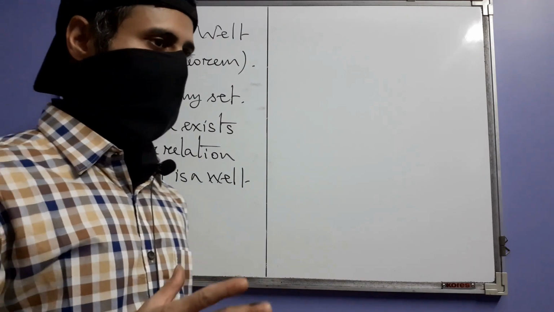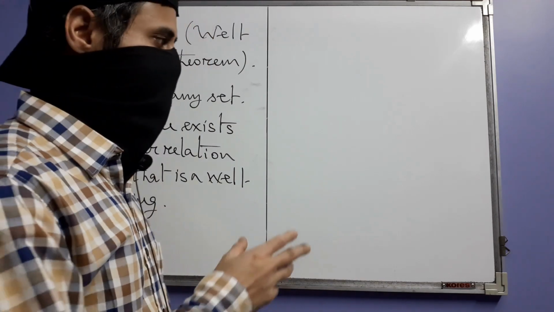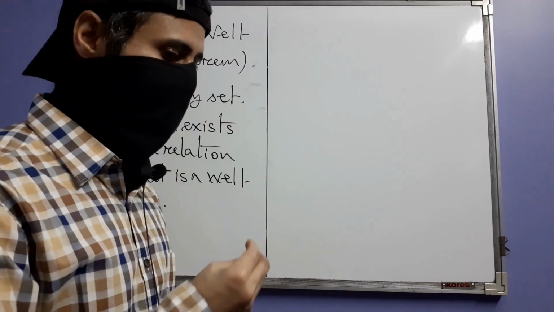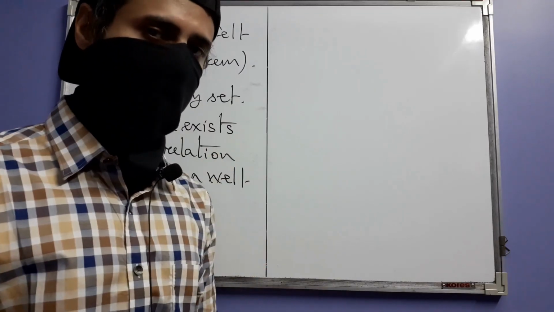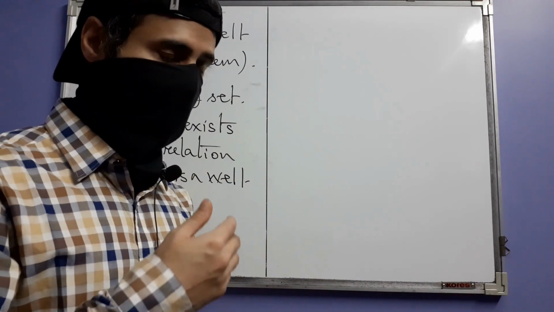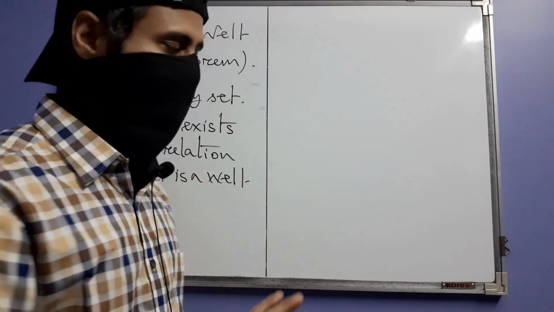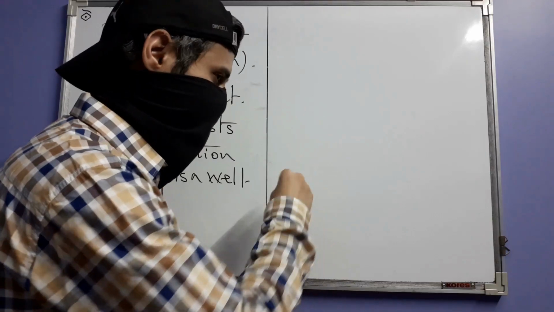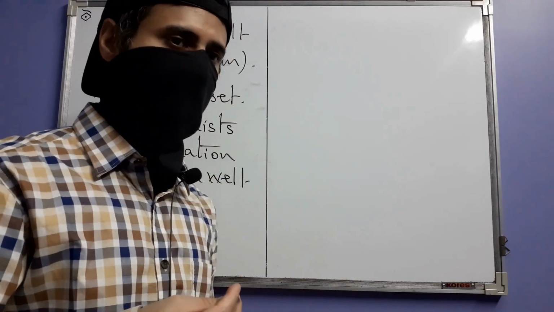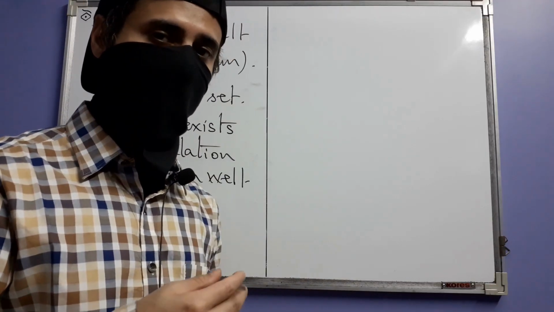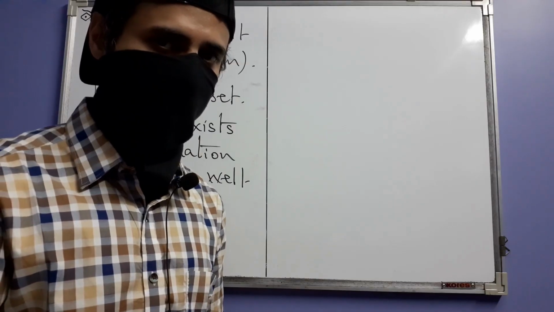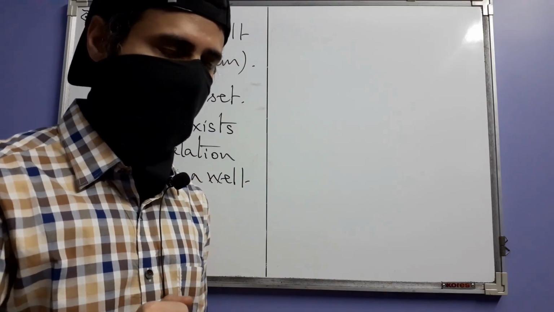An existence theorem, you know very well, is a theorem which says that something exists. Or maybe I should say the proof is an existence proof. It tells us that something exists but doesn't really give us any concrete way of how to construct that thing. Okay, it's a logical proof.